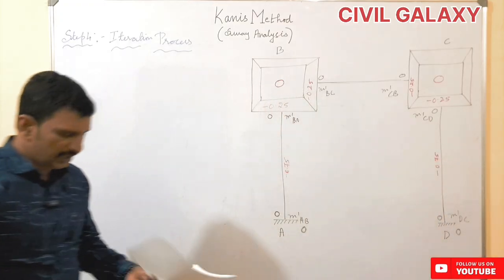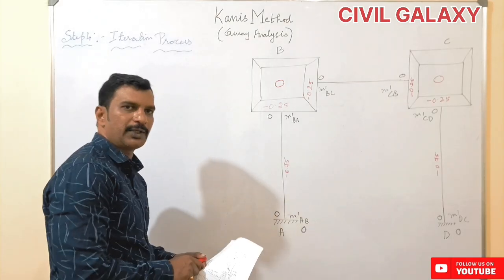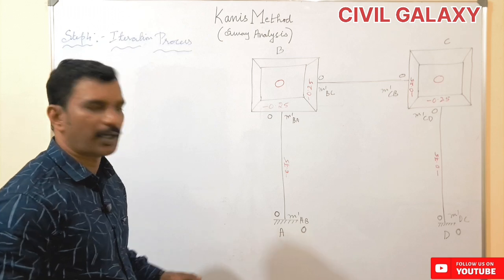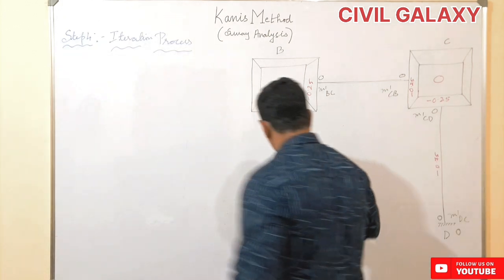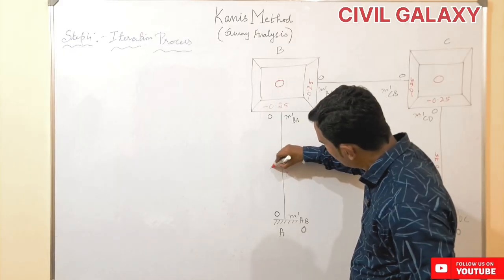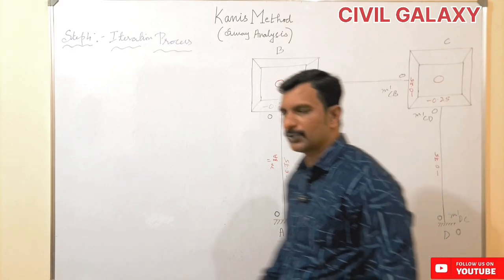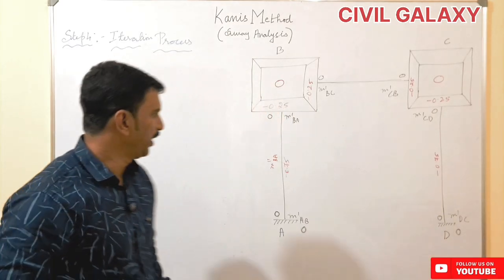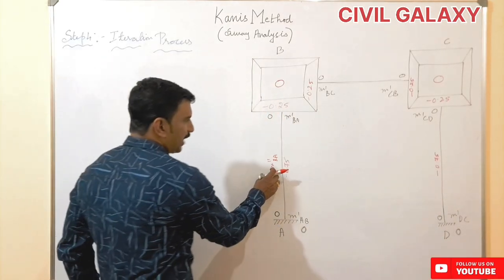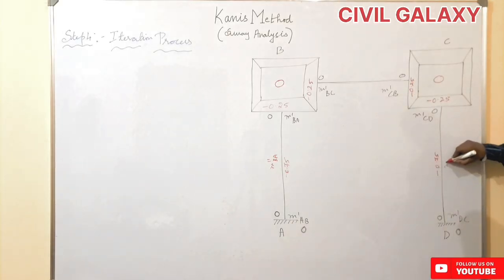Also, since we are analyzing a portal frame which is subjected to lateral sway, we need to consider the displacement contributions, which is represented by m double dash. So here we need to calculate m double dash BA, because we are having a single story, we have calculated for member B to A. This will be m double dash BA, and here this will be equal to m double dash CD.